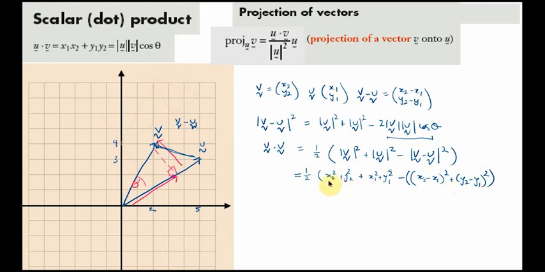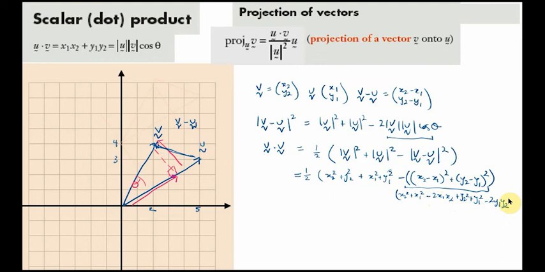You can probably see the x2 squareds and the x1 squareds are going to cancel out, leaving us with just those cross terms, x1, x2, y1, y2, which is the component form up here. Let's have a look at that. To see that, I'm just going to expand this expression here: x2 squared plus x1 squared minus 2 x1 x2, plus y2 squared plus y1 squared minus 2 y1 y2.